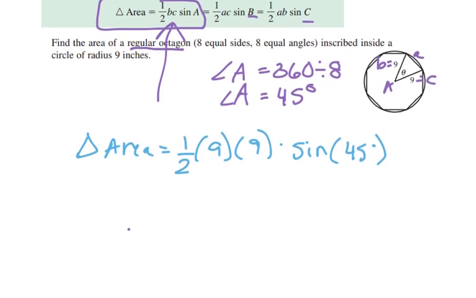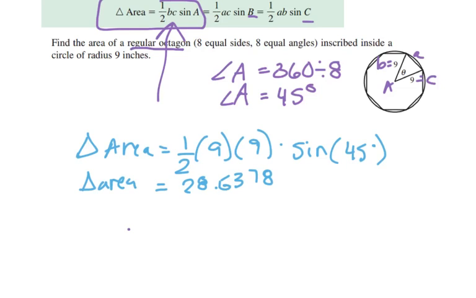So the triangle area is going to be 9 times 9 times 0.5 times sine of 45 in degree mode. So the triangle area is going to be 28.6378.